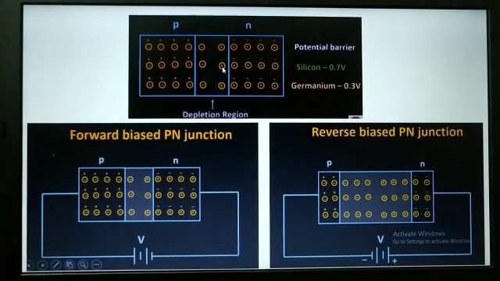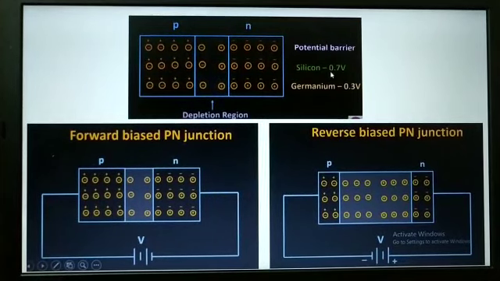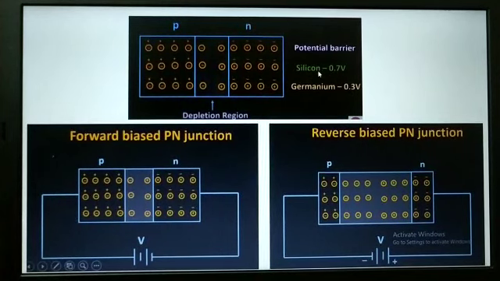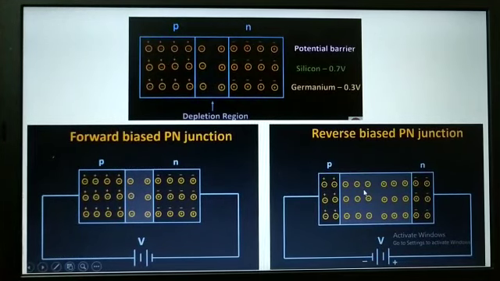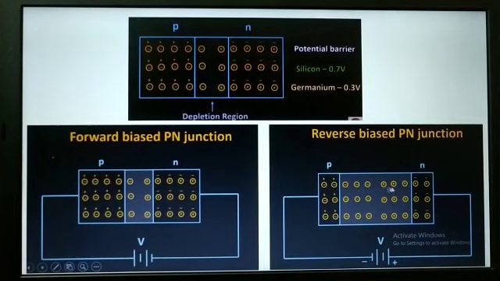Now, as we have seen above, when the depletion region is thin, like when the diode is in forward bias, it requires 0.7 volt for silicon to pass P to N and N to P and conduct the current. But when the depletion region gets increased, the width is very large, so 0.7 volt will not be enough to pass this region.